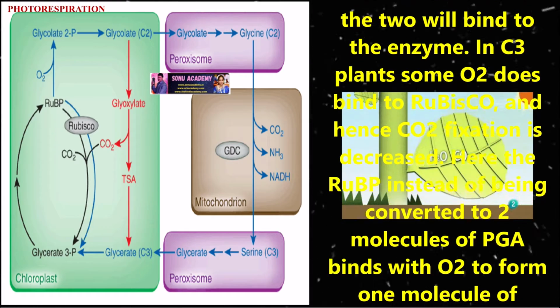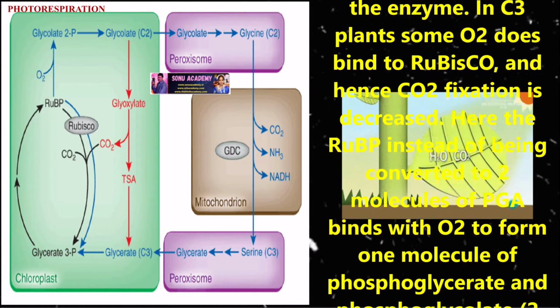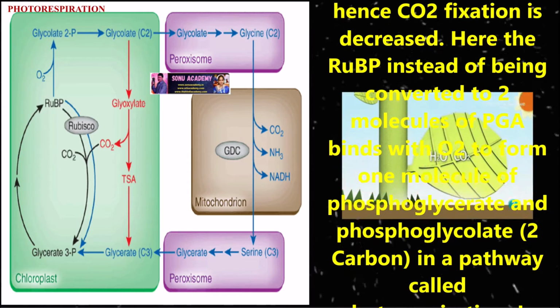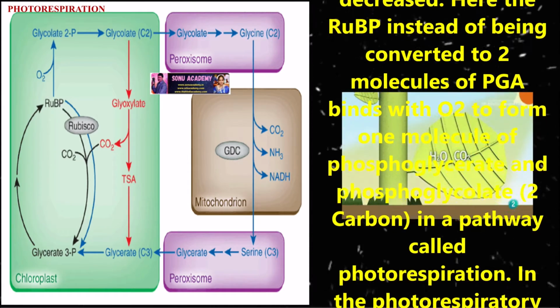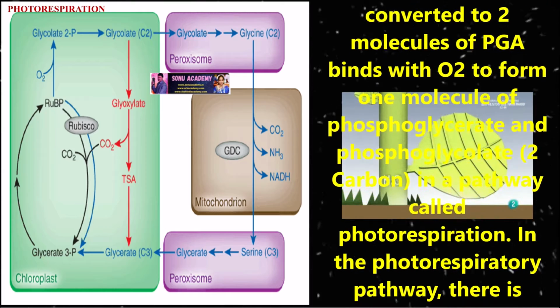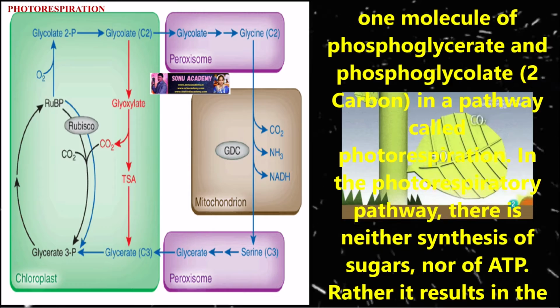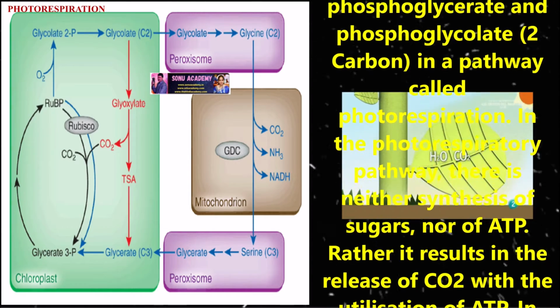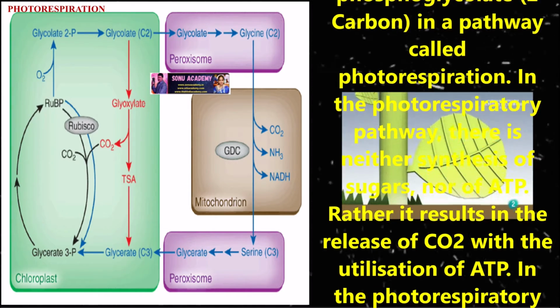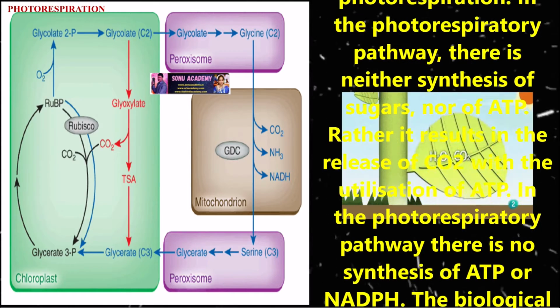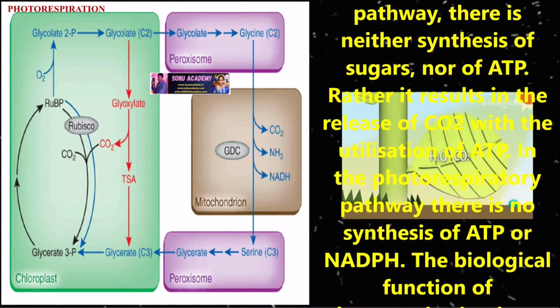In C3 plants, some O2 does bind to RuBisCO and hence CO2 fixation is decreased. Here the RuBP, instead of being converted to two molecules of PGA, binds with O2 to form one molecule of phosphoglycerate and phosphoglycolate, a 2-carbon compound, in a pathway called photorespiration.